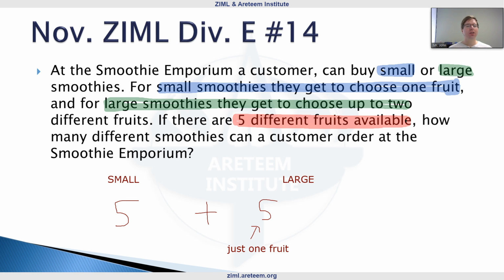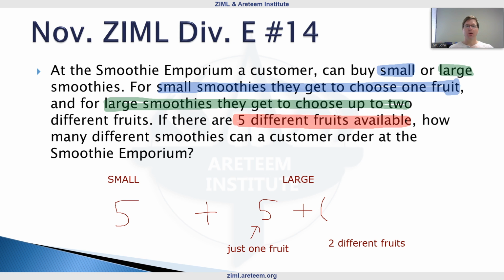Now, we're going to talk about some tricks in a second for how many ways we can have two different fruits. For now, let's think about it this way. If you have the first fruit, that can be paired with any of the four other fruits.